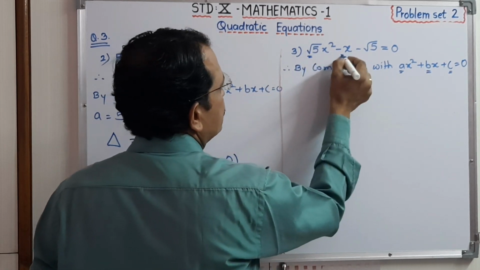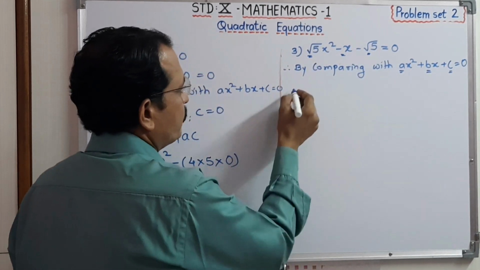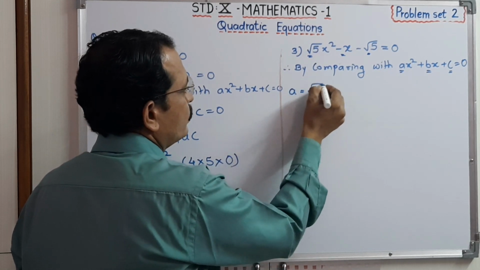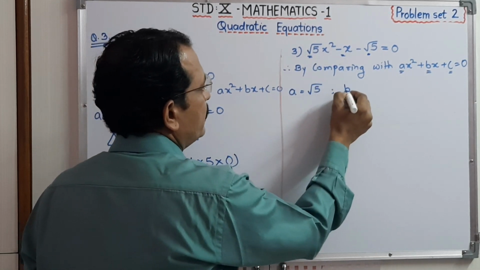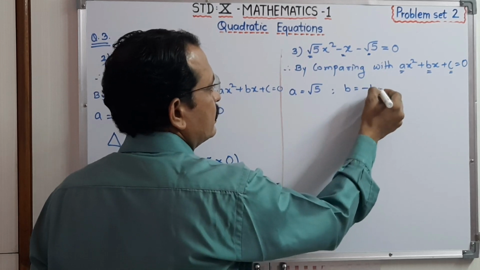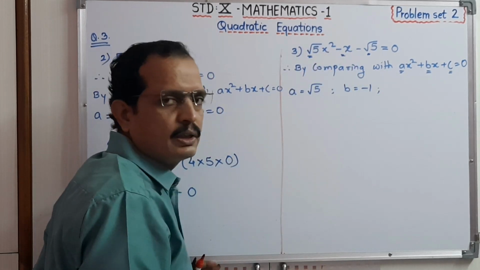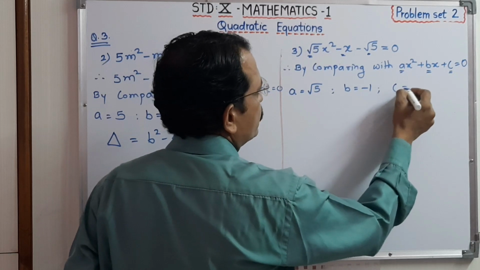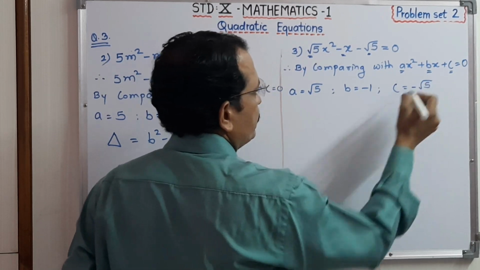This is a, this is b and this is c. Therefore, a is equal to root 5, b is equal to minus 1. We have to consider the sign. Now c is equal to minus root 5.